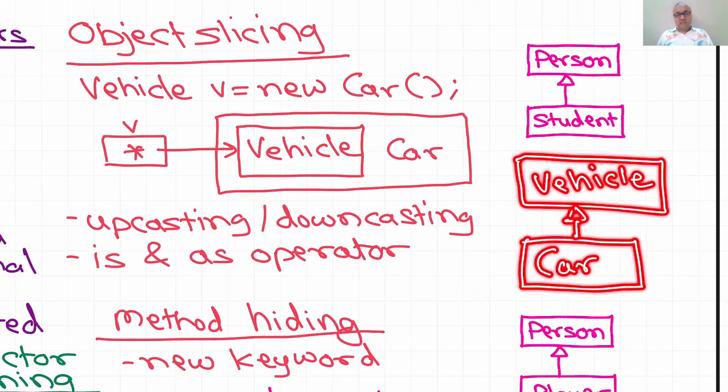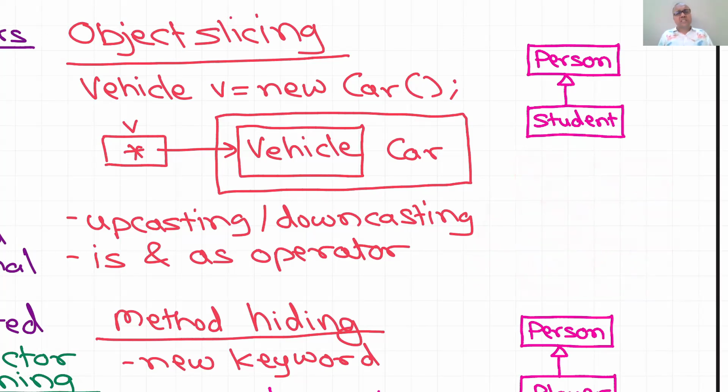In this case, the car object will be pointed to by the vehicle, and that is the reason this is referred to as upcasting. And you need not do anything special here. This is very well accepted by the compiler. You just need to assign, and the compiler will deal with that very well.